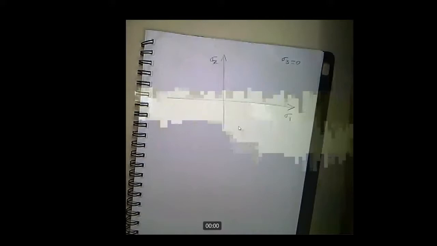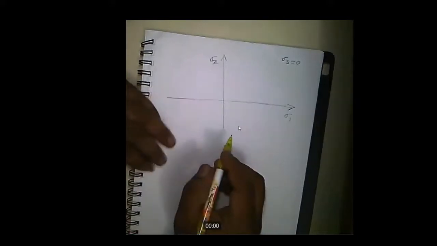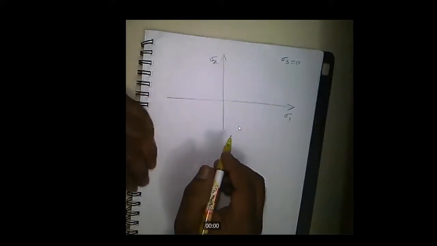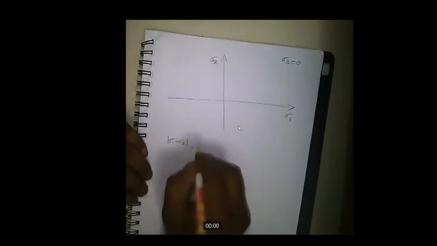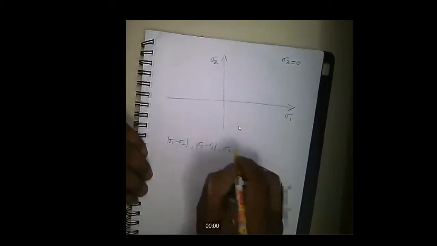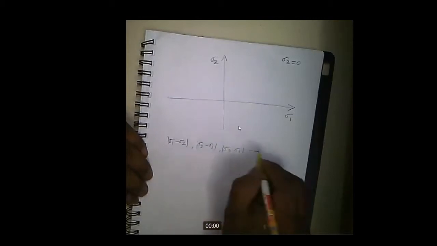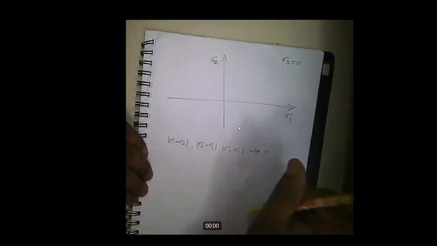Now, the Tresca condition says that the max of sigma 1 minus sigma 2, sigma 2 minus sigma 3, sigma 3 minus sigma 1 goes to a limit.